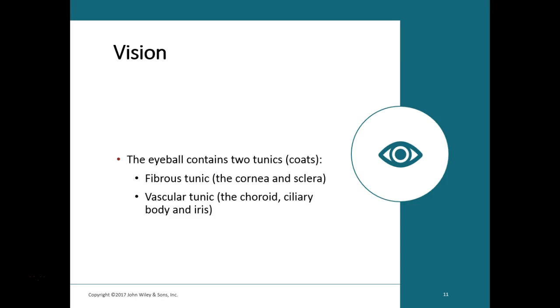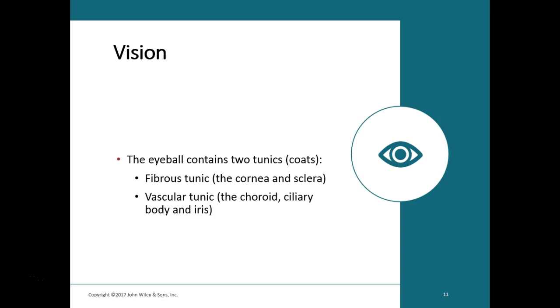Connective tissue fibers lend protection to a structure, right? Helps to anchor it in place and also protect from external and internal forces. So the fibrous tunic is the most superficial layer of the eyeball. The anterior part of the fibrous tunic is the cornea. The posterior part is the sclera.